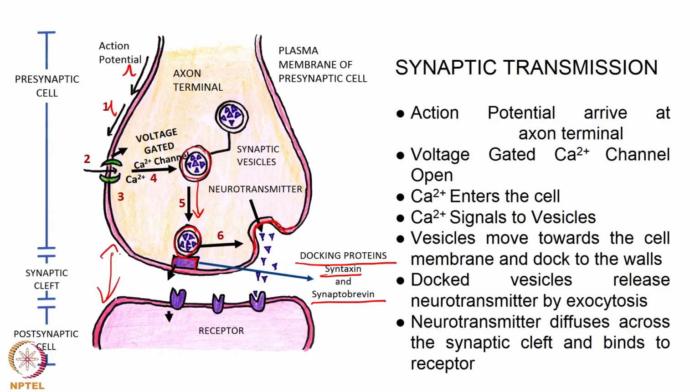Note, once the vesicle opens outside, what is outside this? This is the extracellular fluid, is it not? This is the gap between the muscle fiber and the neuron, that is the extracellular fluid, right. So, how is this acetylcholine transported in the extracellular fluid? Purely by diffusion.